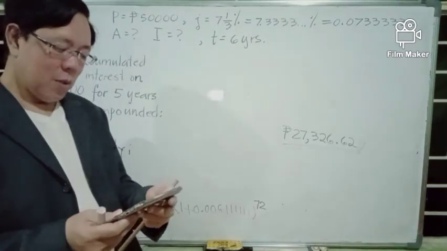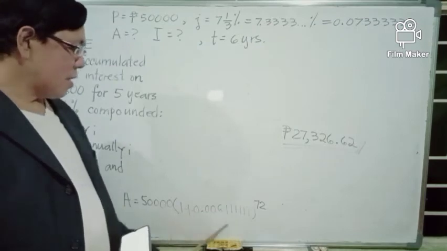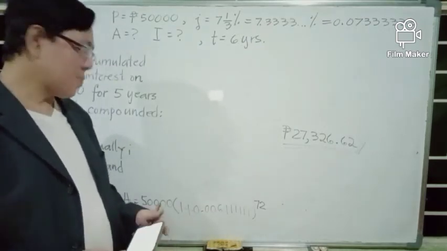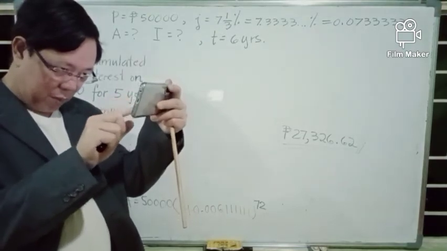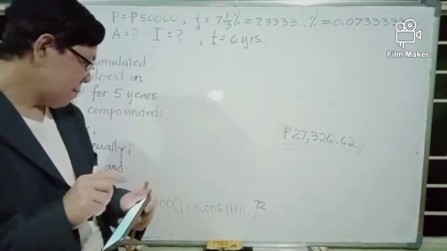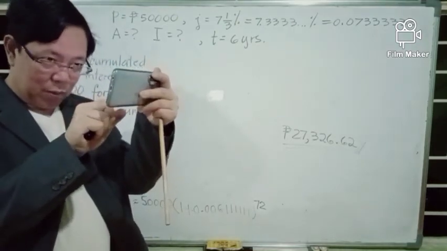So we press in our calculator. We start with the quantity inside the open and close parentheses, 1 plus 0.006111. And you press as many ones in your calculator.